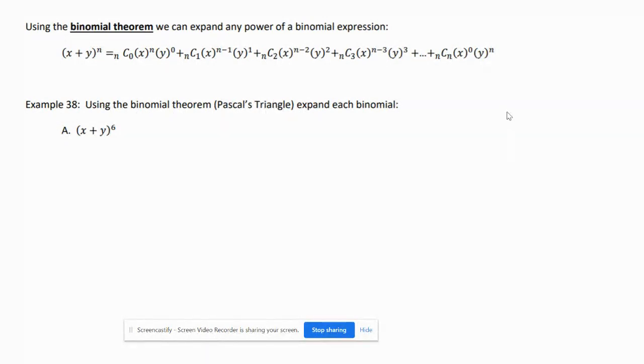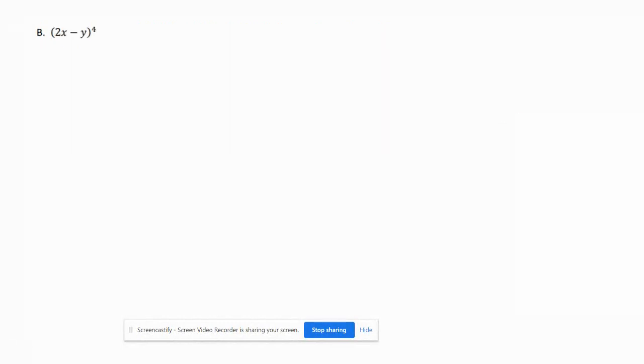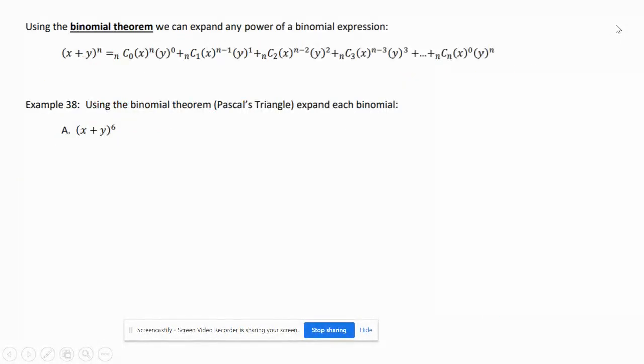Well, Pascal's triangle, so here's our row: 1, 6, 15, 20, 15, 6, 1.